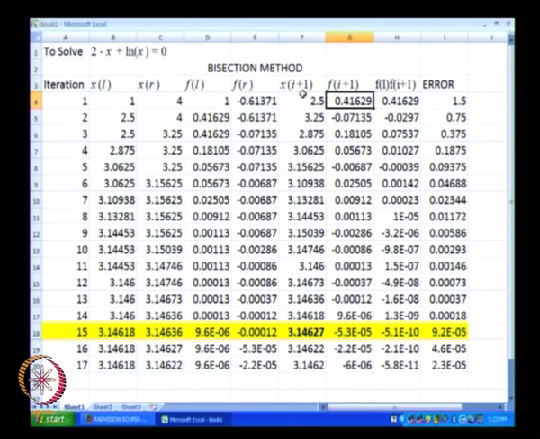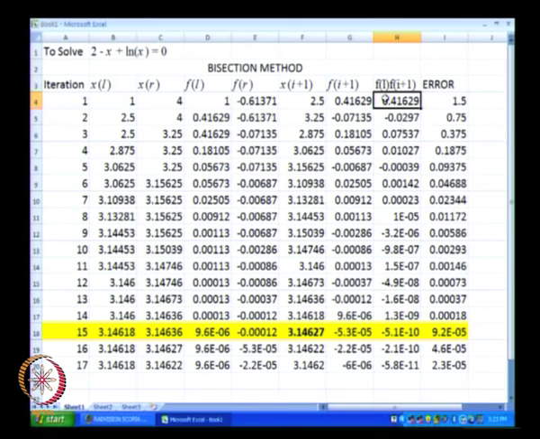That is what we did over there. Next, what we had to decide was whether x of i plus 1 replaces XL or whether it replaces XR. In order to do that, we had to compute the product f of XL multiplied by f of x of i plus 1. In this particular case the product is positive. Now if this product is positive, that means XL and x of i plus 1 lie on the same side of the solution.